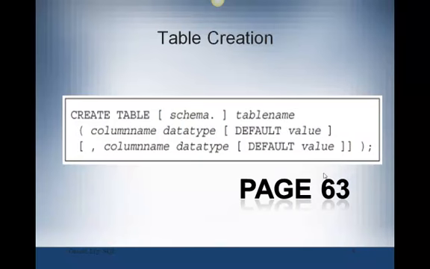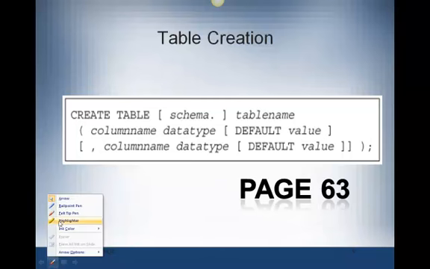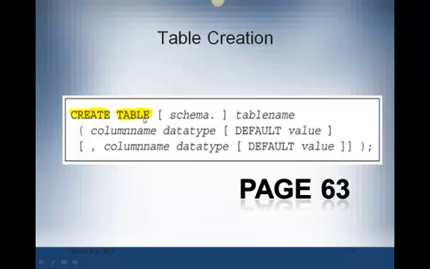Okay, remember syntax diagram. We talked about that in chapter 2. This is the syntax diagram for a create table statement. The keywords are in all uppercase, and optional items are in the square brackets. The square brackets mean that it's optional.